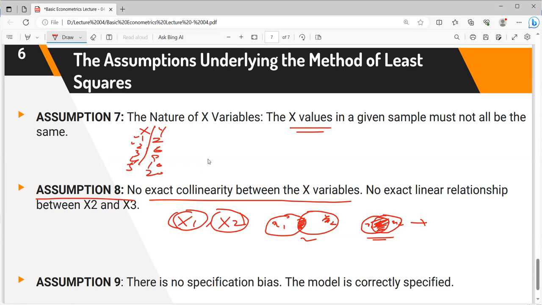If your independent variables have a strong association between them, then that leads to the problem of multicollinearity. Multicollinearity is a problem where your independent variables are associated very strongly, then the overall performance measure R square takes a very high value.